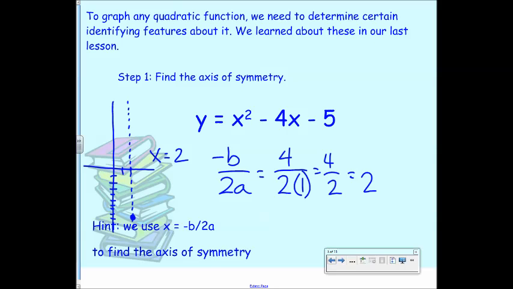But do I know how wide it needs to be? So that's the last thing I need to figure out. How wide does it need to be? And to figure that out, we find the y-intercept because that'll let me know where it crosses the y-axis. So think way back to linear functions. What is the y-intercept? What does that mean? Where it intersects the y-axis.